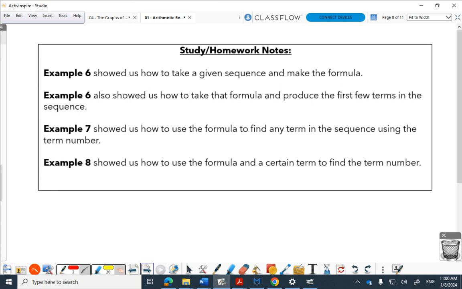Example 6 also showed us how to take the formula and produce the first few terms in the sequence. Example 7 showed us how to use the formula to find any term in a sequence. And example 8 showed us how to use the formula and a certain term to find the term number. So when you get to your homework, it's like, oh, how do I find the term number? Look at example 8 shows you how to do that.